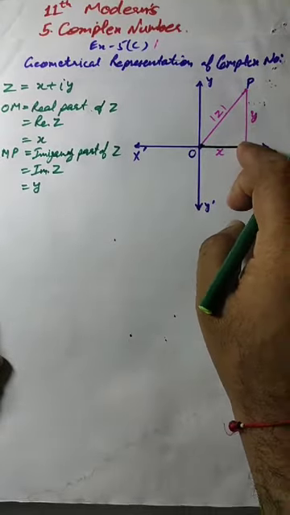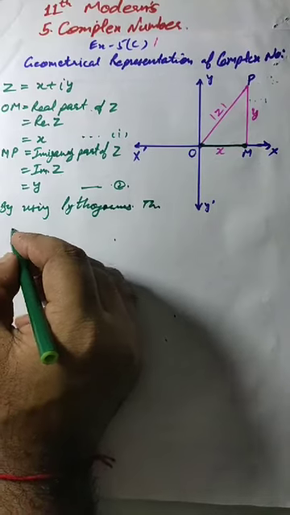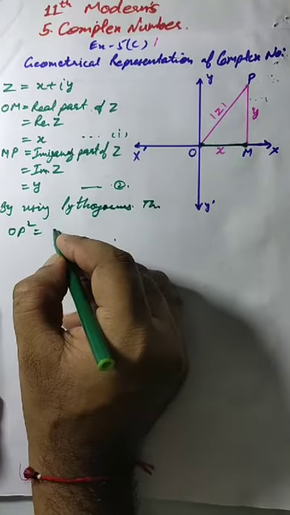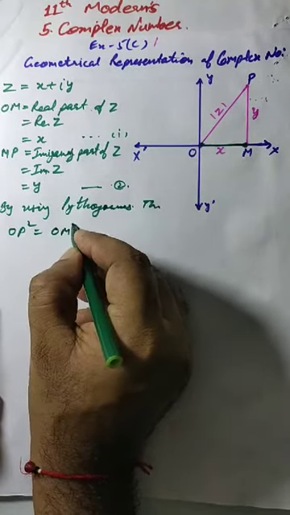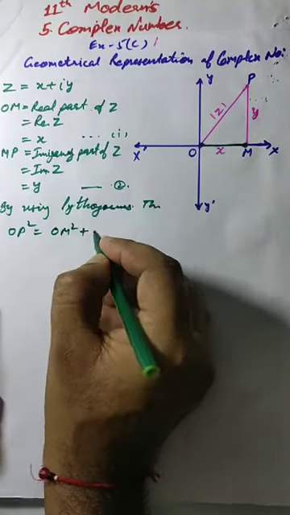So by using the Pythagoras theorem, OP square equals OM square plus MP square, and OP square is denoted by mod Z square, so mod Z square is equal to x square plus y square.